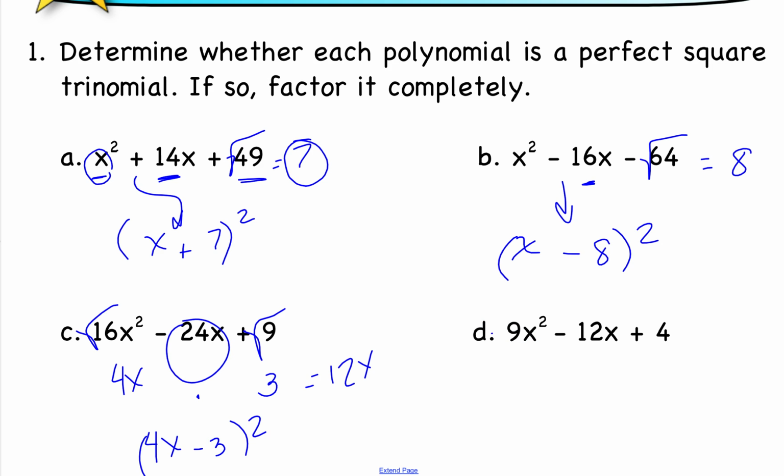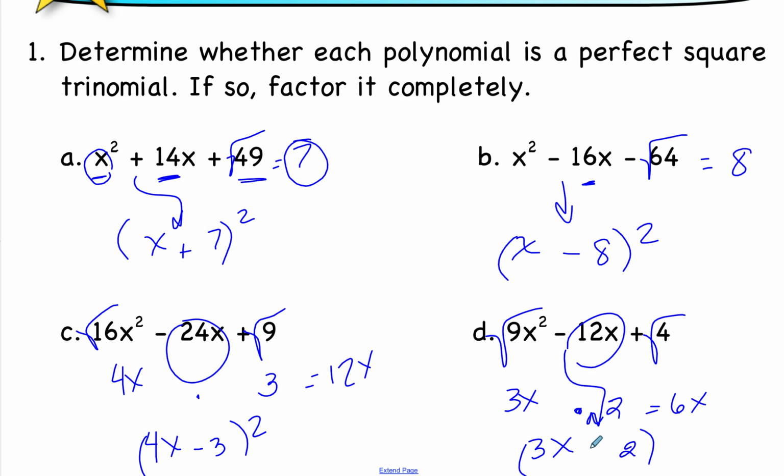And then letter D, taking the square root, we get 3x, and the square root of 4 is 2. And so when we multiply those together, we get 6x, and this is double 6x, so this one also factors as 3x and 2, and our sign, again, because this is a minus sign, will be a minus there, and it is squared.